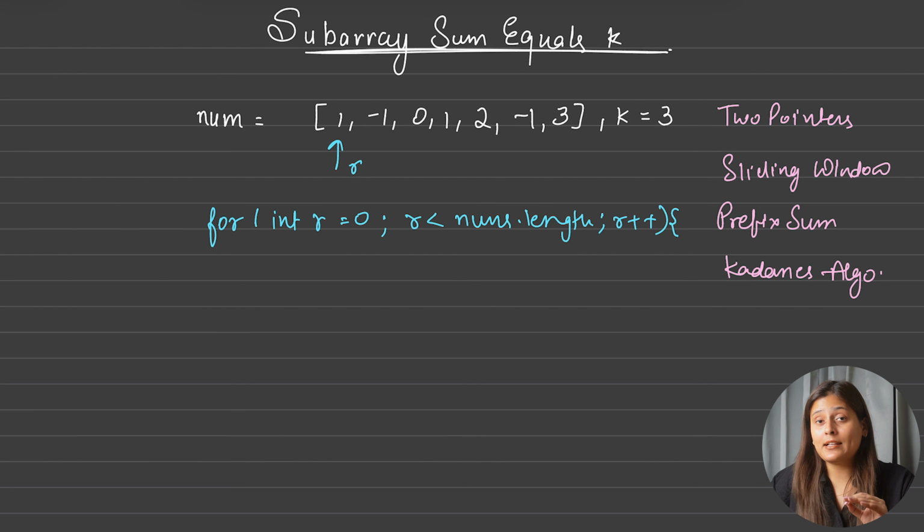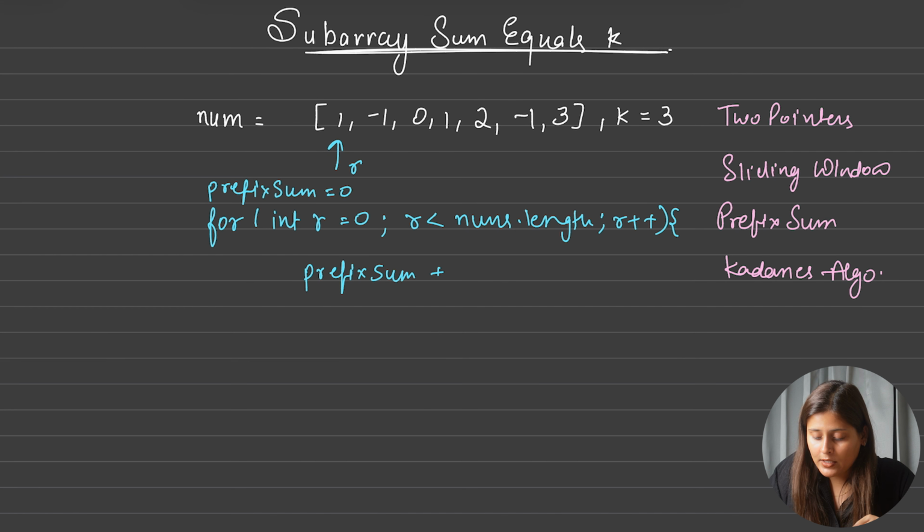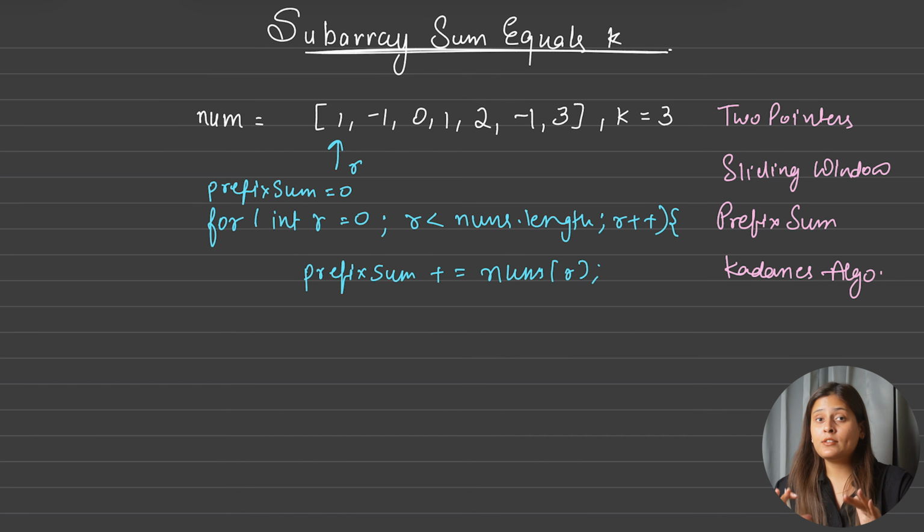Okay, now inside this I want to add the numbers. So for prefix sum I will initialize a prefix sum variable outside with 0 and in my prefix sum I will simply add the current nums of r value. Okay, now once I added, I have to check if prefix sum minus k is there in the map or not, correct?